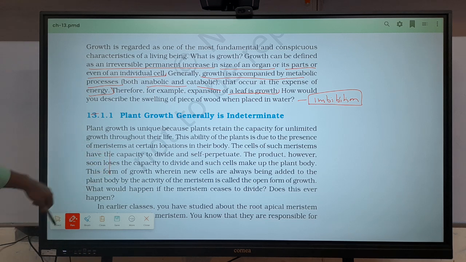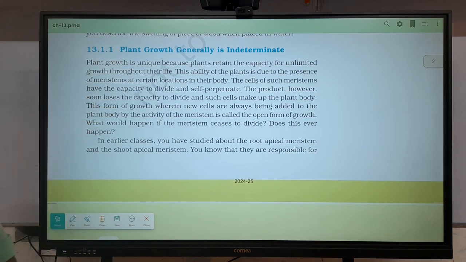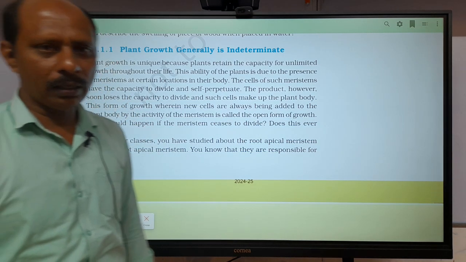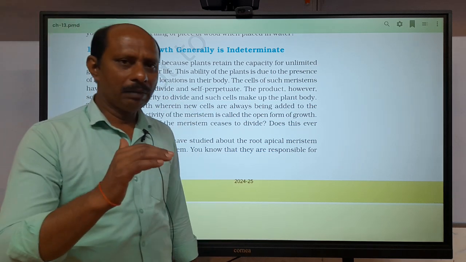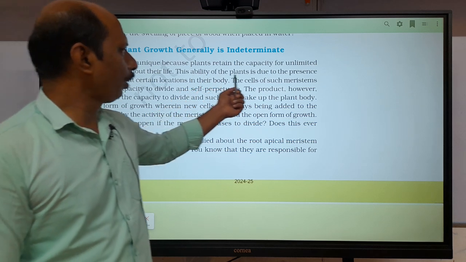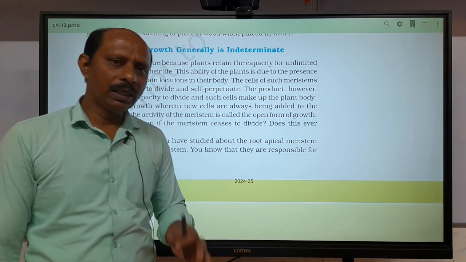Now plant growth, in the next passage it is given, plant growth is unique because plants retain the capacity for unlimited growth throughout their life. Unlimited growth occurs in meristematic tissues. This ability of the plant is due to the presence of meristem at certain locations.